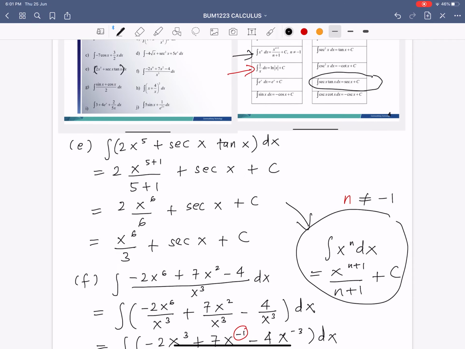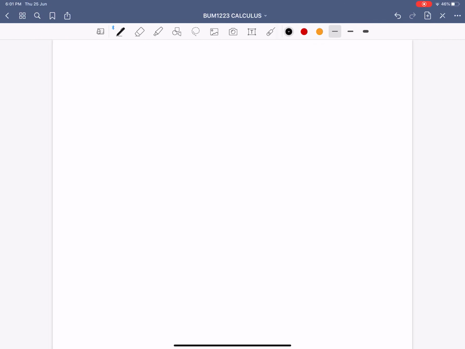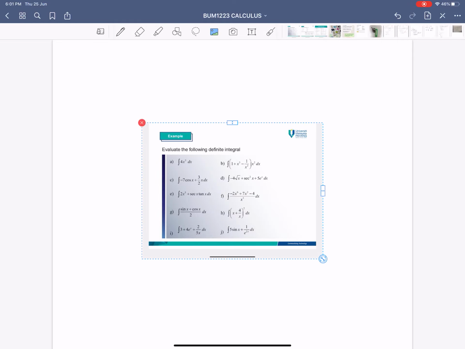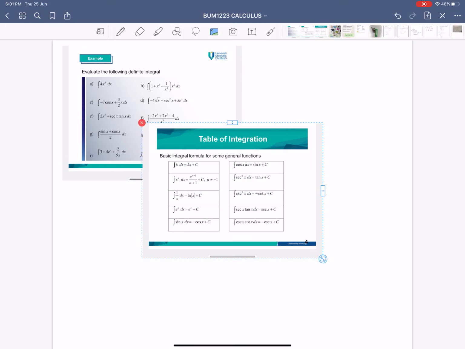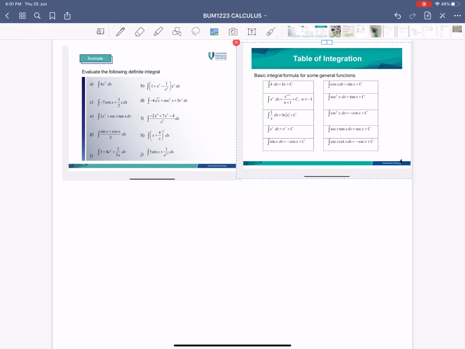Alright, next we want to look at the next question. We choose again this one here and then the formula here. So question G.